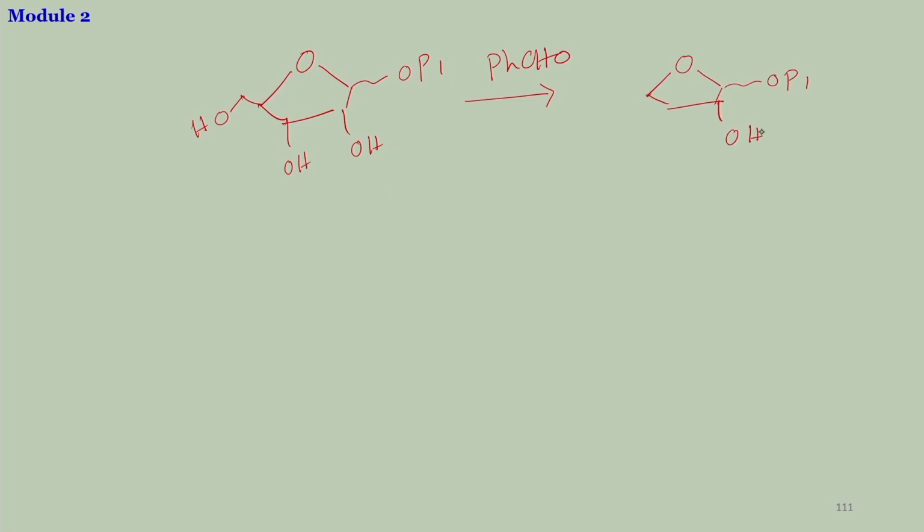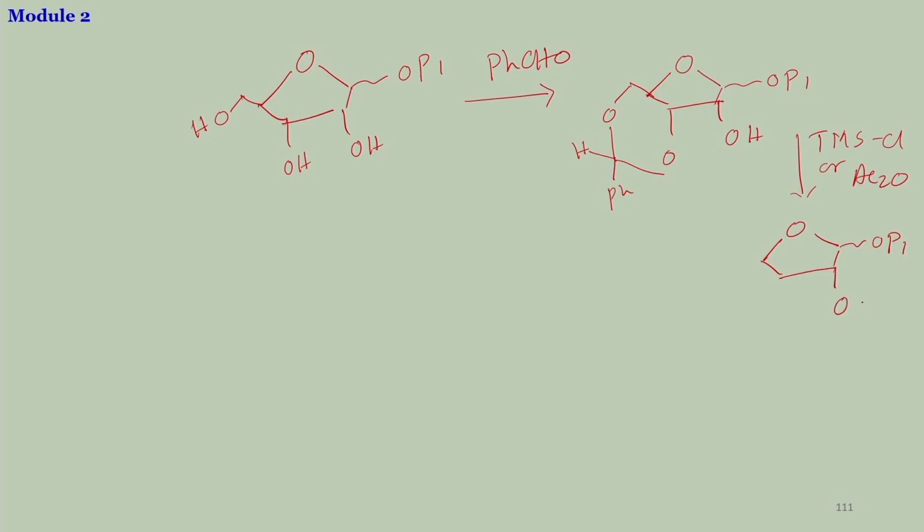So this will remain open, and this will be forming. Therefore the 5 prime and 3 prime will be blocked, and now you can do the chemistry on the hydroxyl group at the 2 prime position. For example, if you want to use TMS chloride, trimethylsilyl chloride, then you will get an OTMS, or you want to make an acetylation with acetic anhydride. You can use various protecting groups.